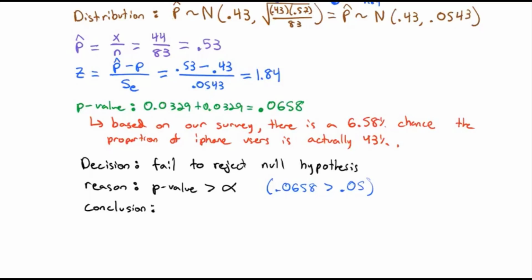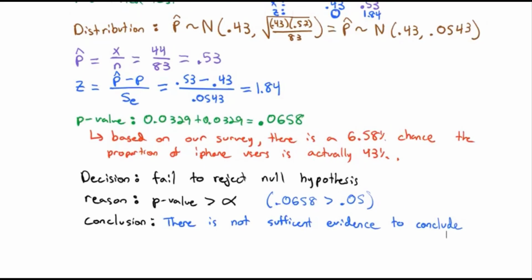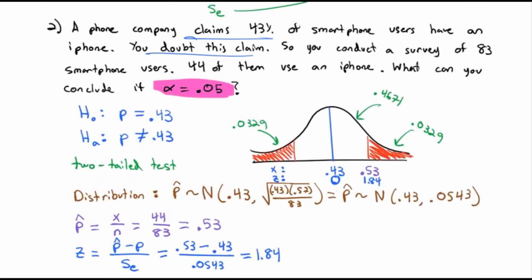Following our script, then, we will say that there is not, because we failed to reject, we'll say not sufficient evidence to conclude. And the conclusion must be in context of the alternative hypothesis.